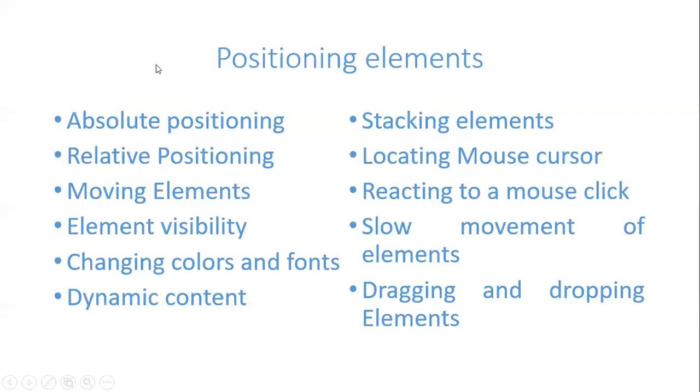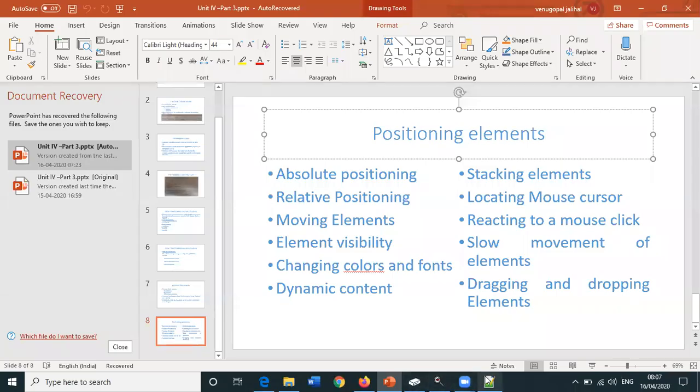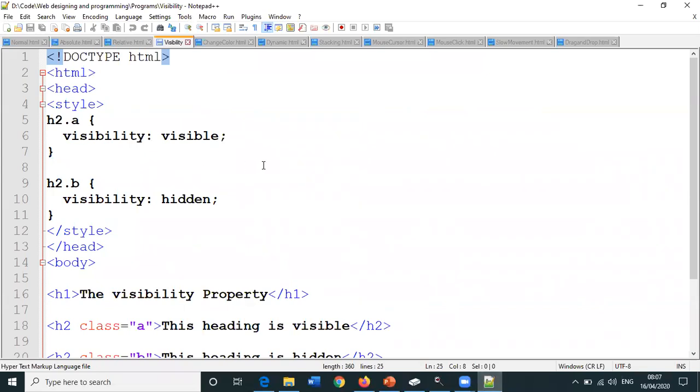The next things to be checked are: how do we see the visibility of the element? Then how do we change the fonts and colors? And how do we change the contents of a particular XHTML file dynamically? Very simple examples are there. Let us go through one by one.